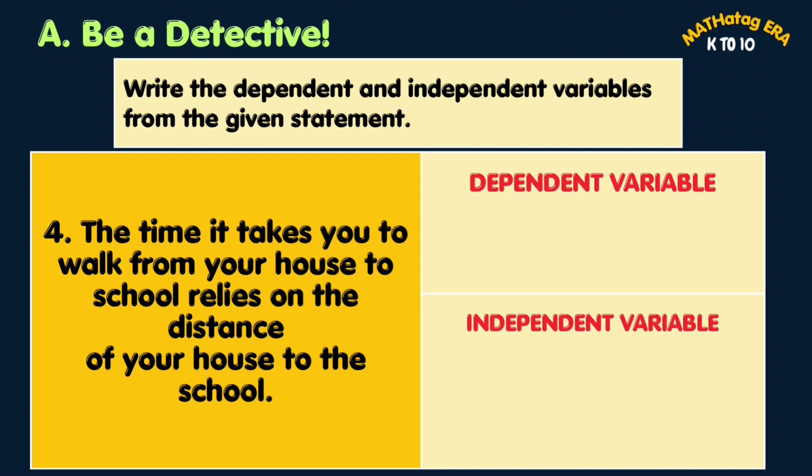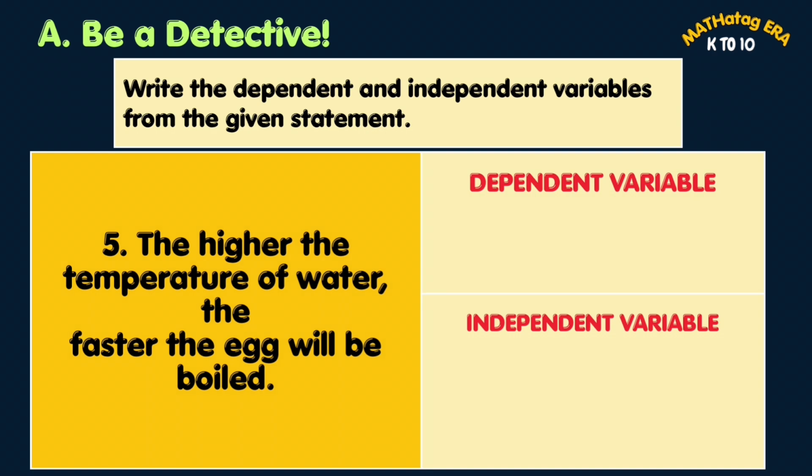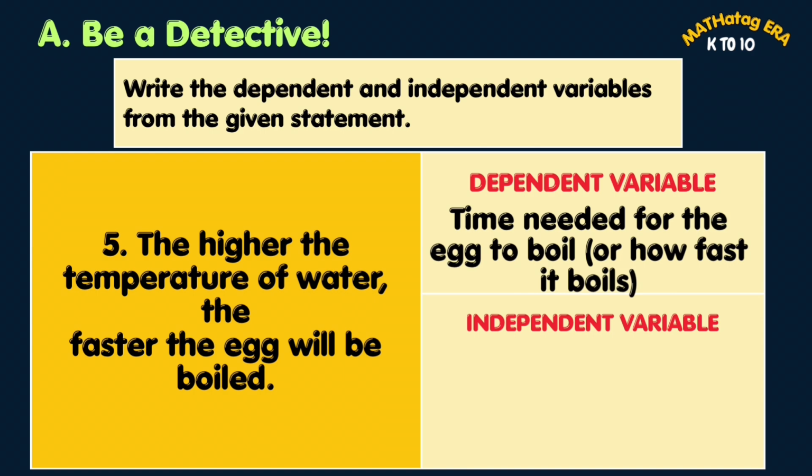For number 4, the time it takes to walk to school depends on the distance from home. So the independent variable here is the distance from home to school, and the dependent variable is the time to walk to school. Number 5, the higher the temperature of the water, the faster the egg boils. So independent variable, the temperature of the water.